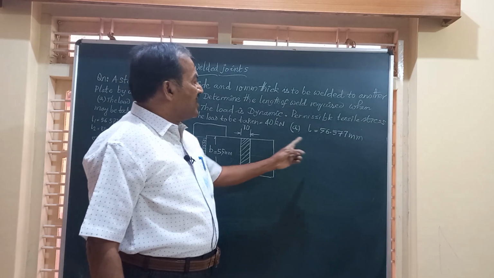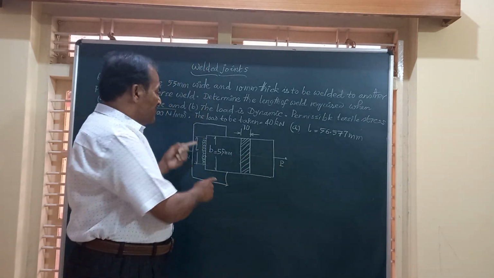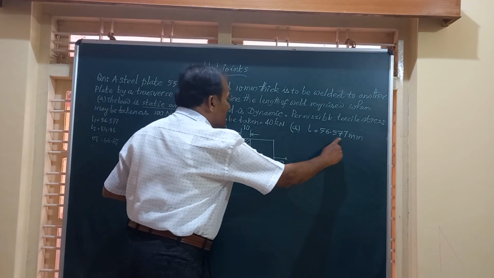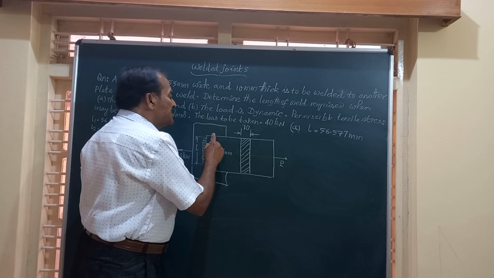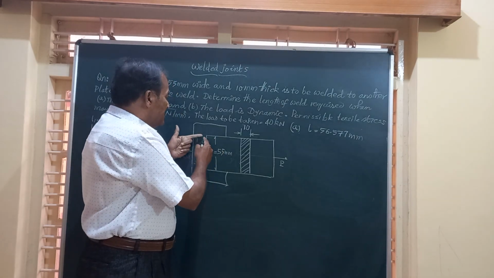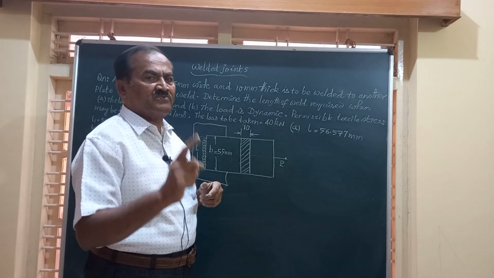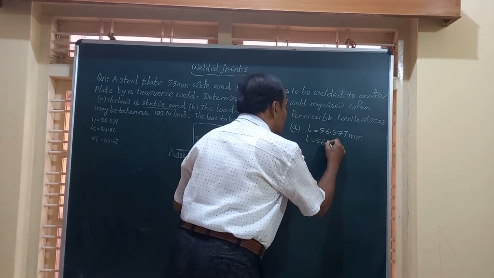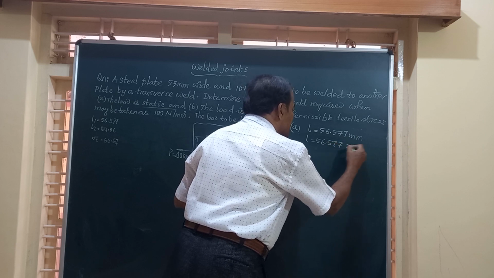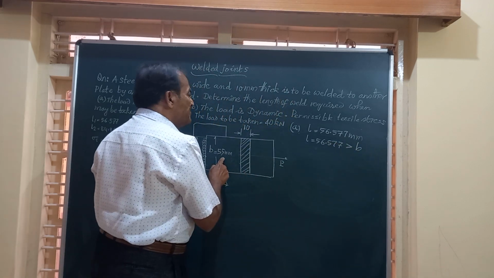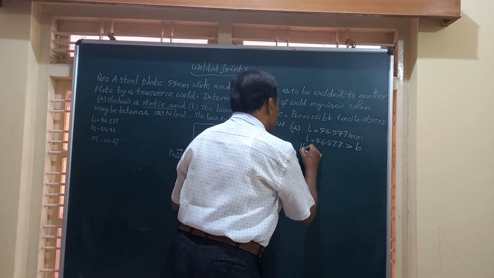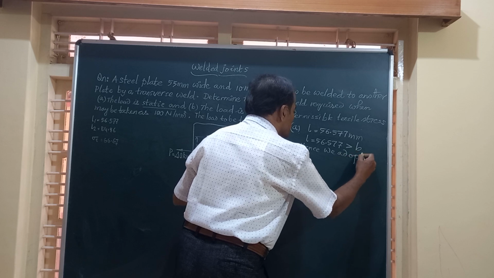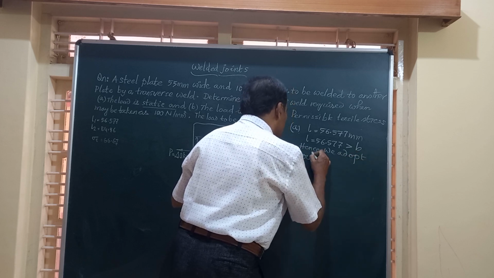Friends, if you compare this length of welding with the width of the plate, you find the length of welding required is higher than the width of the plate, and hence a single transverse weld is not sufficient. So L is equal to 56.577, which is greater than B, that is the width of the plate. Hence, we adopt double transverse weld.